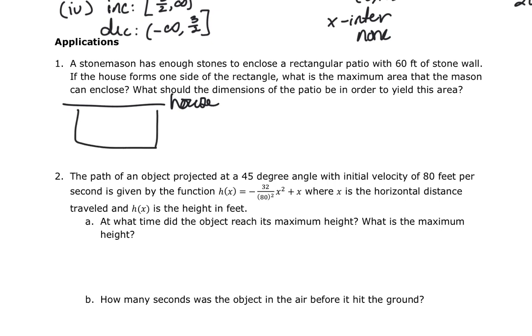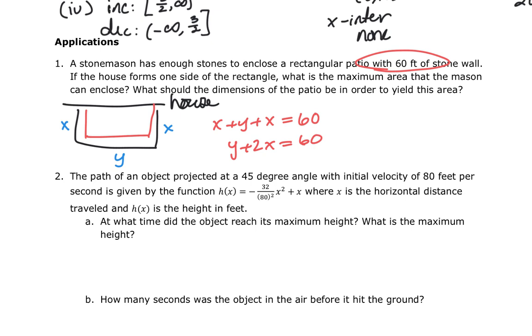I'm going to make this x, and this y, for no reason. That tells me that the perimeter is going to be this x plus this y plus this x. So x plus y plus x has to equal 60. So y plus 2x has to equal 60. We also know that the area is going to be x multiplied by y because it's a rectangle.